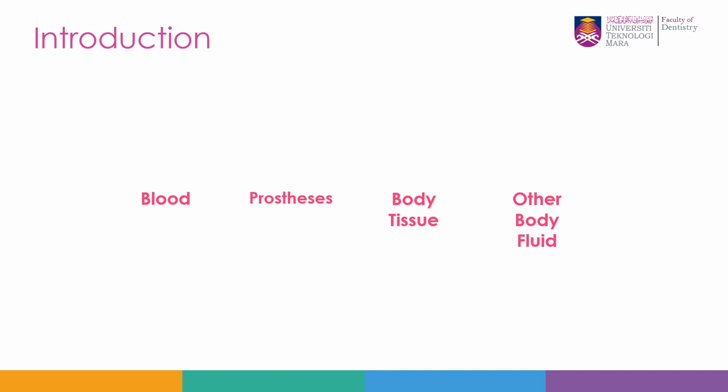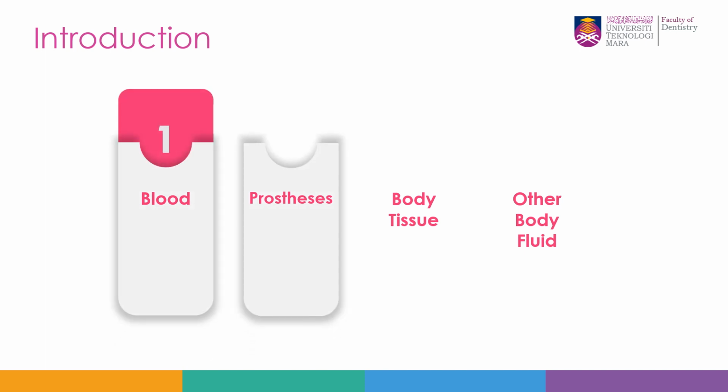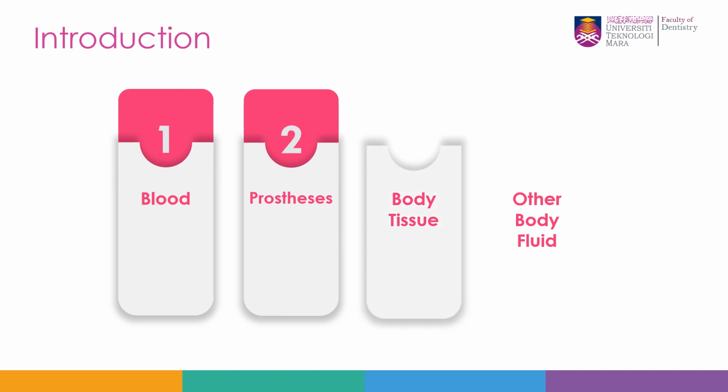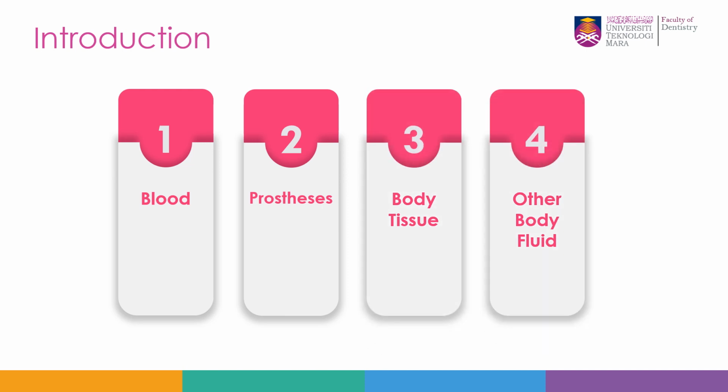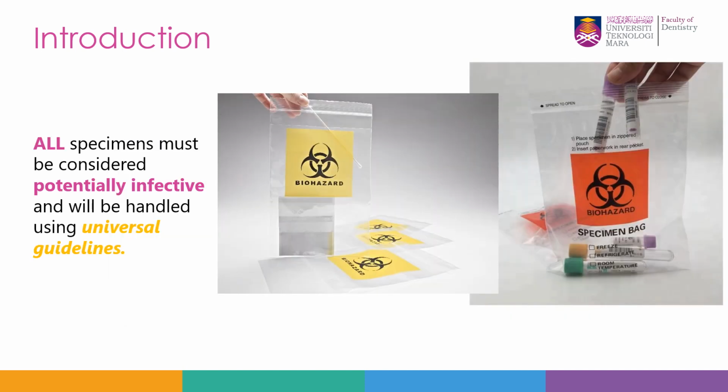The first one is blood, number two is prostheses, number three, body tissues, and the last one, any other fluid, for example, pus or even sputum. So all specimens must be considered as potentially infective and will be handled using universal guidelines.